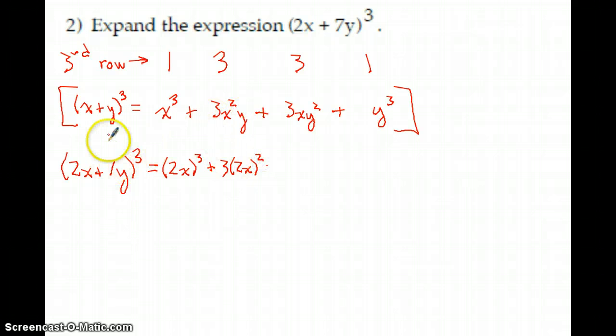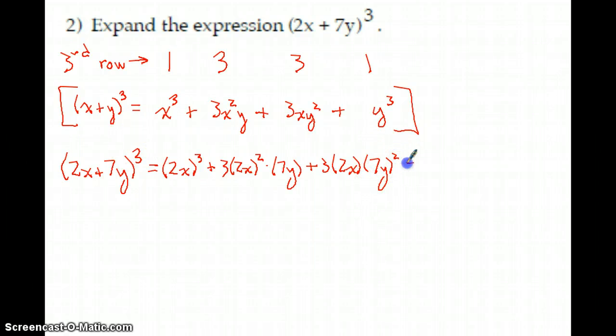Well, y isn't just y anymore. Now it's really 7y. Plus 3, x is now 2x. Y is now actually 7y. Plus 7y cubed.